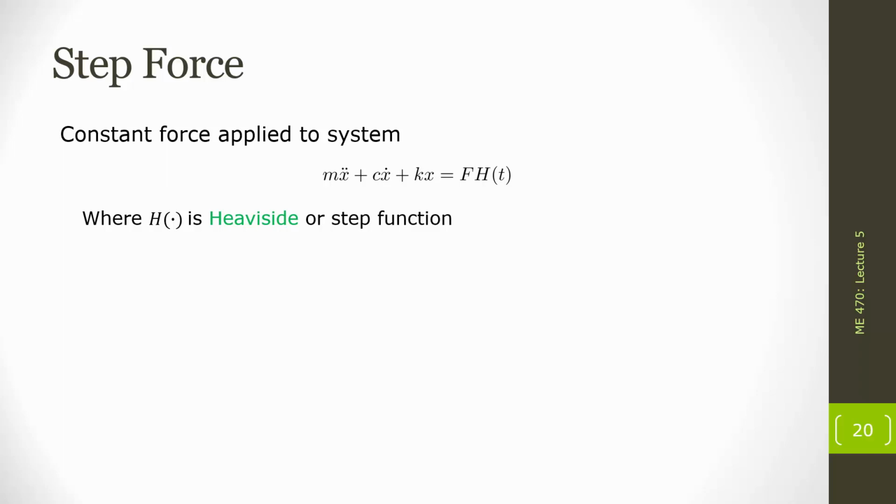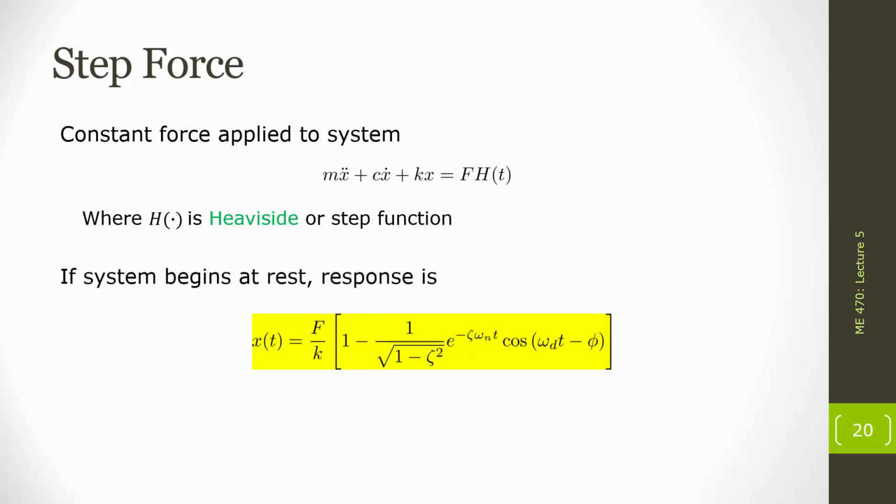We're going to see its closed form response is going to be an exponential times a trig function in a kind of similar manner that we saw when we were looking at the impulse. So it's going to oscillate, and those oscillations are going to die out. However, we'll see what happens unlike the impulse. As t goes to infinity, this whole term is going to go to 0, and we'll be left with 1.